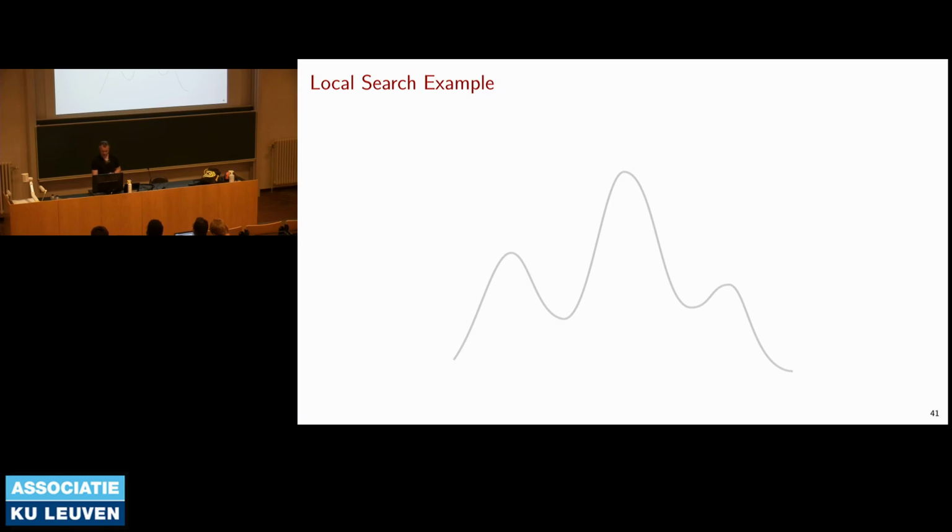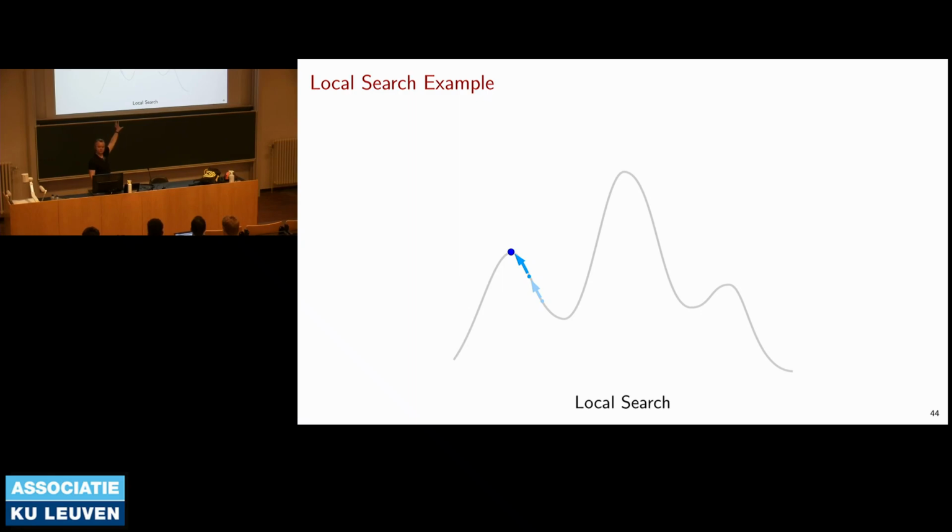This is what this looks like in practice. So here, without loss of generality, we want to maximize. So we essentially want to find this peak in the middle here. We do some random initialization, evaluate our point. We do a local search step. So we identified a way in which to improve our configuration here by making a small tweak and observing better performance. And we can continue doing that until we find our local optimum here.